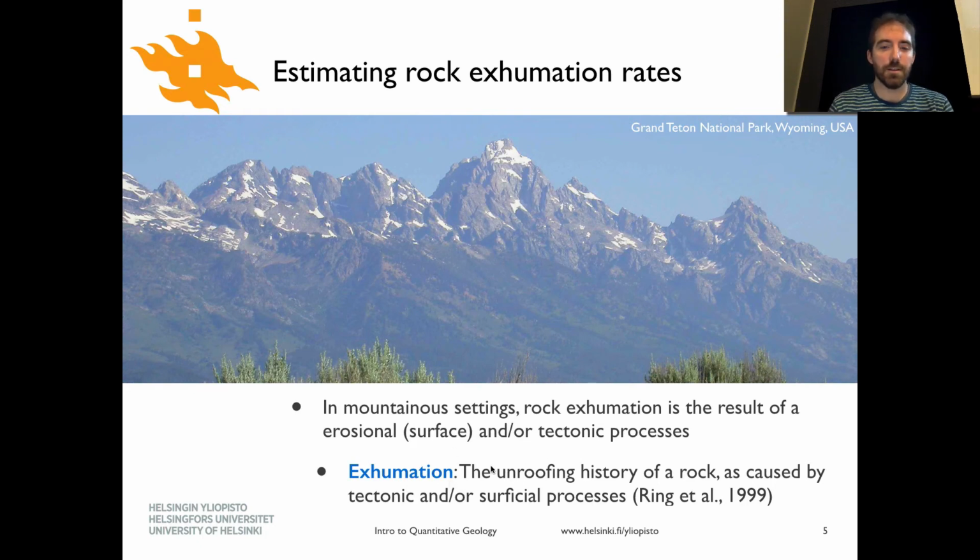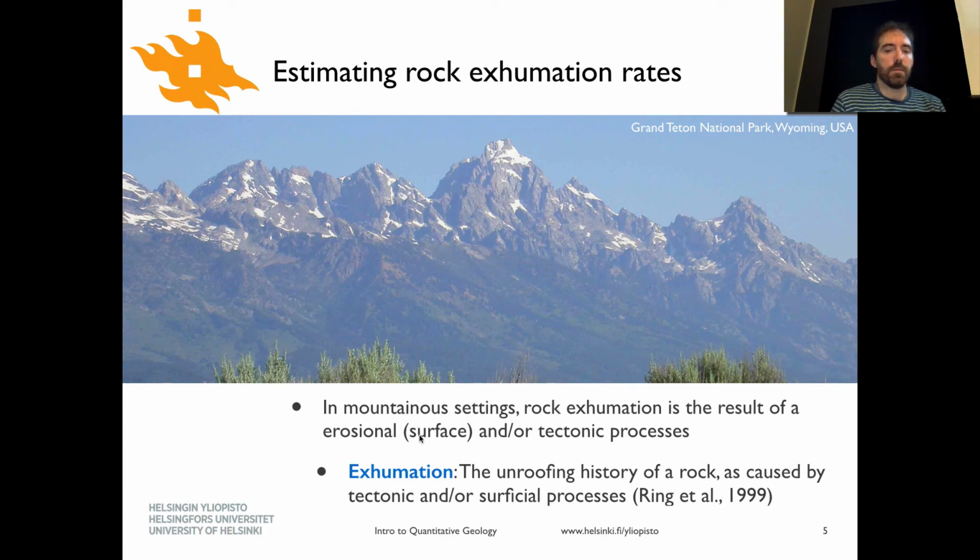You don't talk about exhumation often in other terms, but for us, it means removing rock above you. If you're some parcel of rock sitting down at some depth in the earth, and rock is eroded above you, you're being exhumed. You're moving toward the earth's surface because rock is being removed above you.